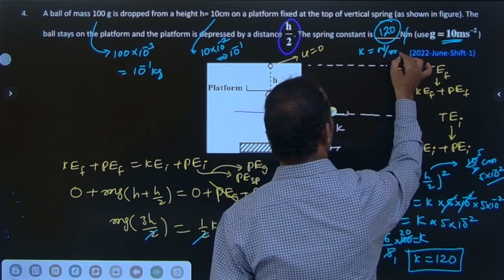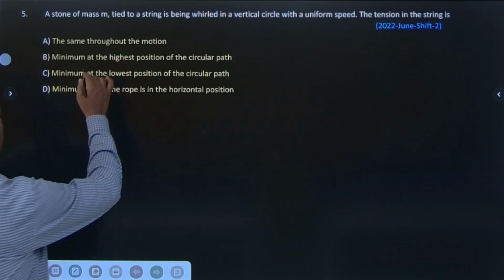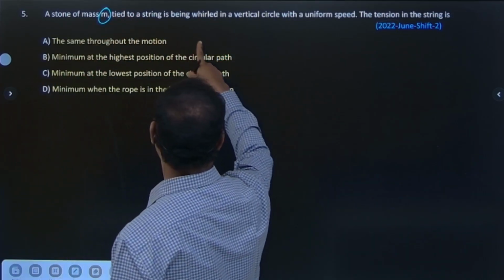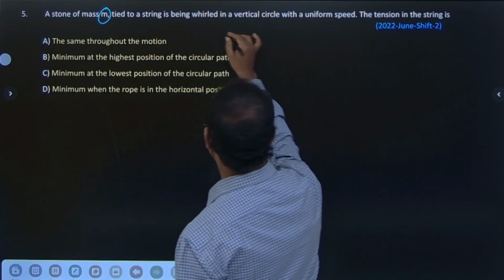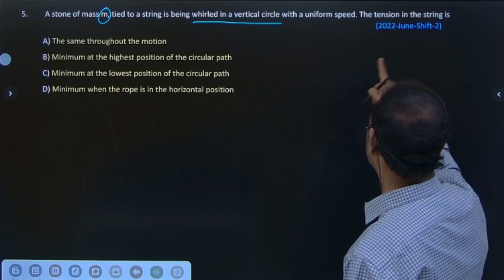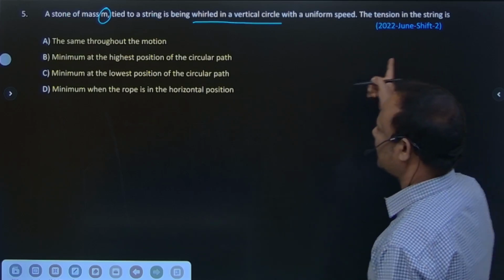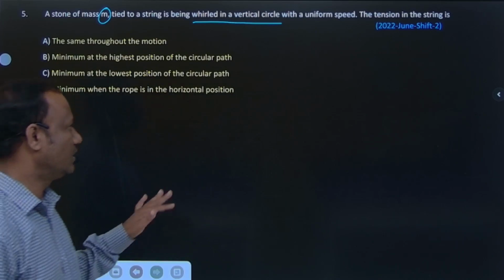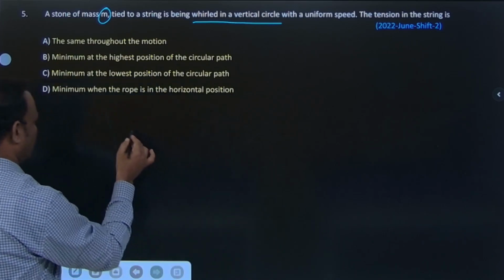Newton per meter. A stone of mass m tied to a string is being whirled in a vertical circle with uniform speed. The tension in the string is what we are talking about, during vertical circular motion.